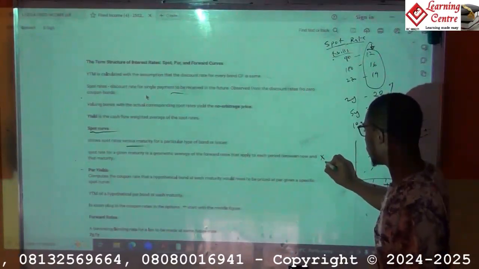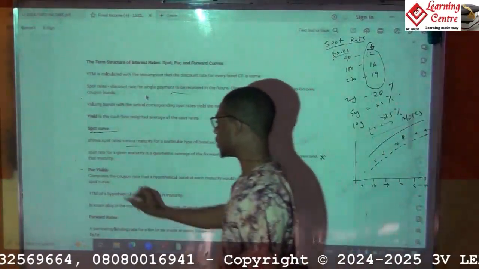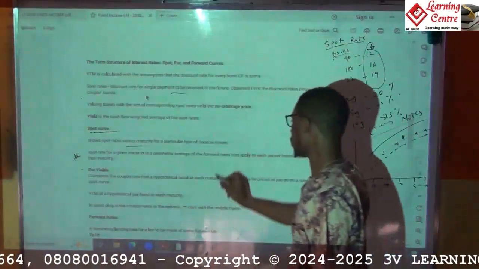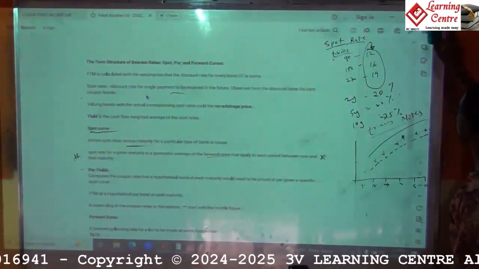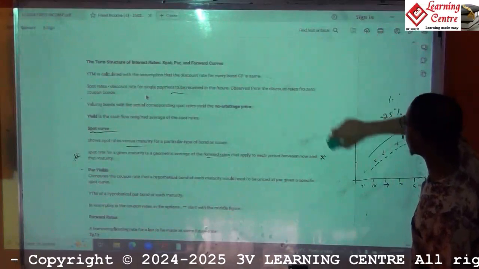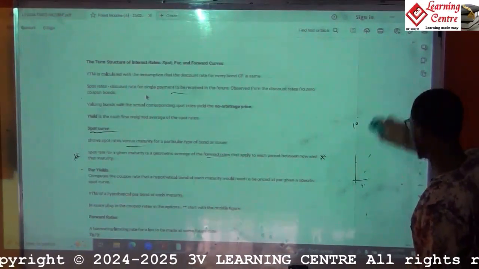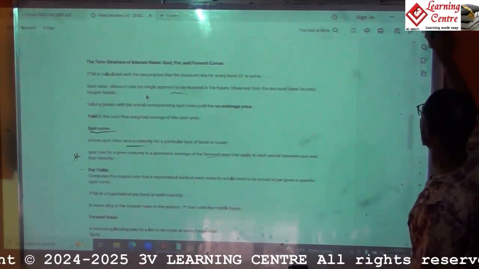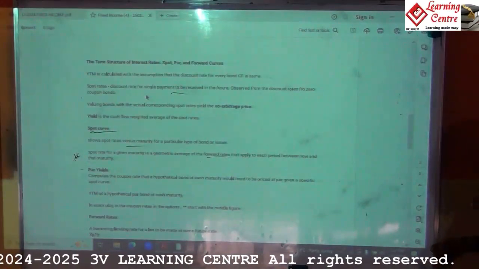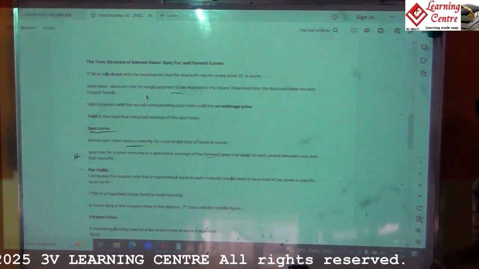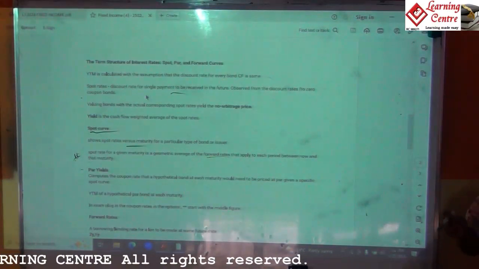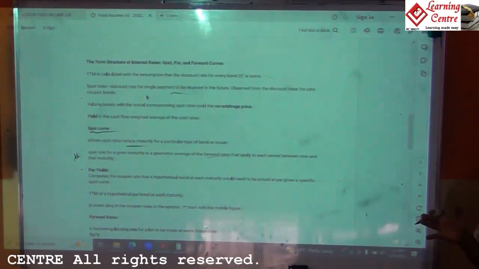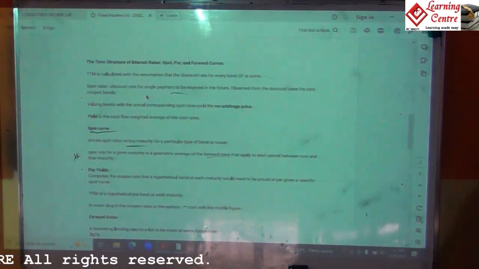Before we look at the forward rate, let's look at the par rate. What the par yield is trying to ask us is, what is the yield that a particular bond needs to offer investors at the market rate so that it can be issued at par?